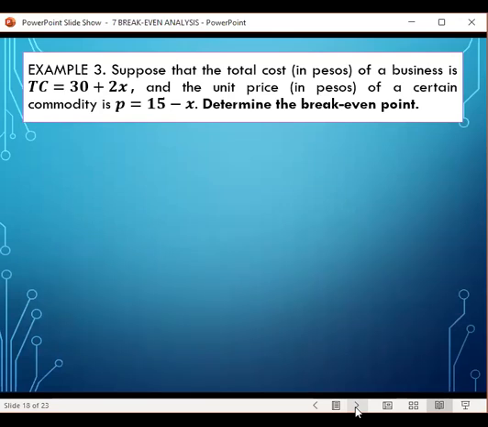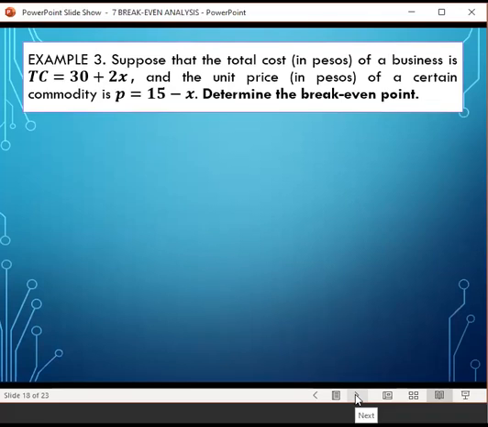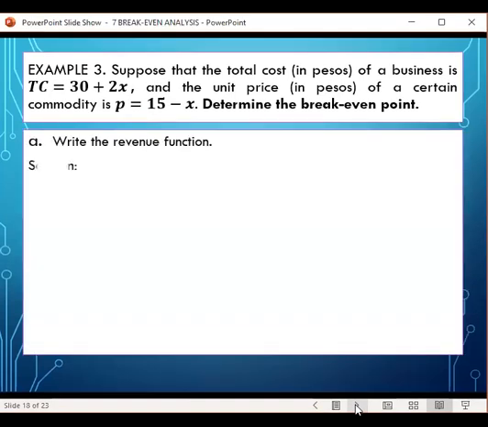We already know the total cost, and that is 30 plus 2x. However, we need to calculate the revenue. The revenue is price multiplied by x. So you get 15 minus x multiplied by x. Using the distributive property, 15 times x, you get 15x. Negative x times x is negative x squared. That's your revenue.